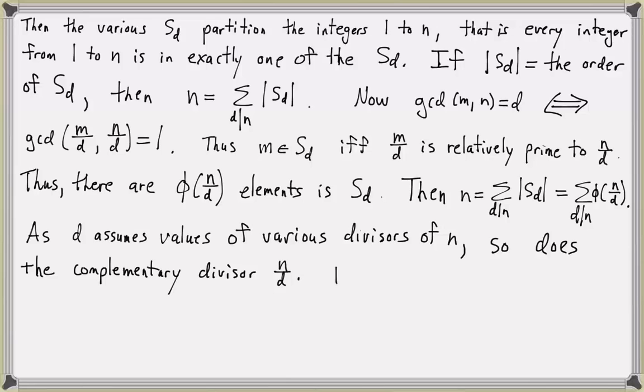So the sum of phi of d, where d varies over the divisors of n, will thus be equal to the sum of phi of n over d, where d ranges over the divisors of n. And then from these last two equations, we get the result.